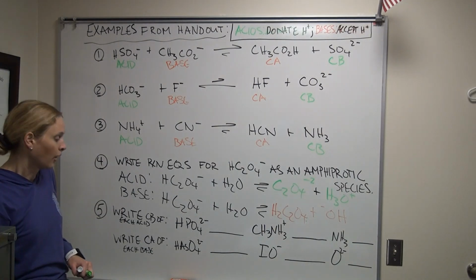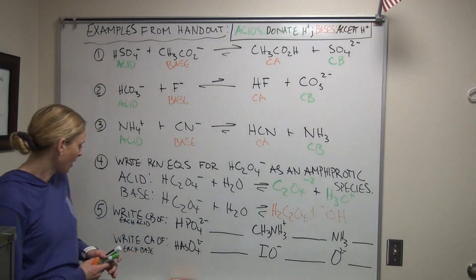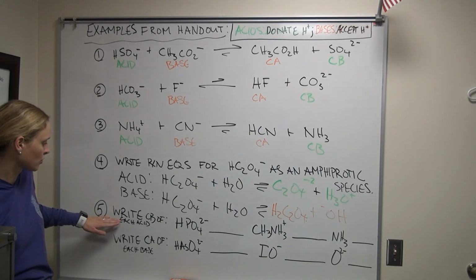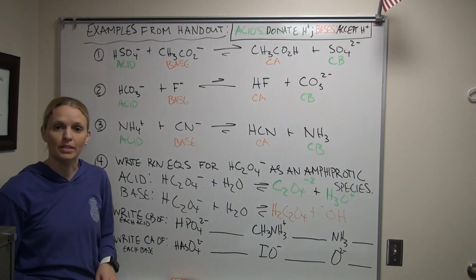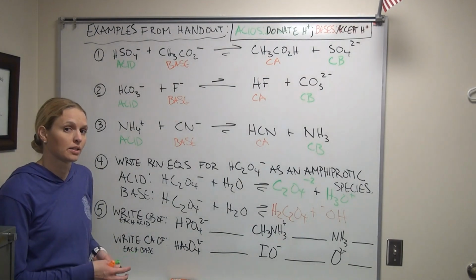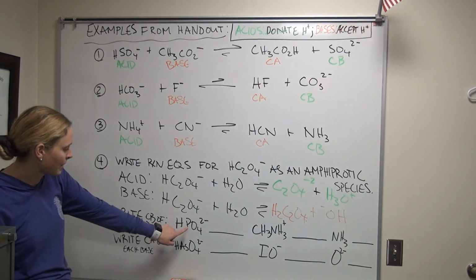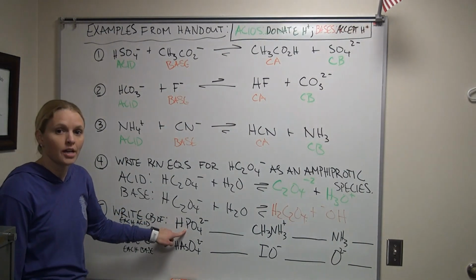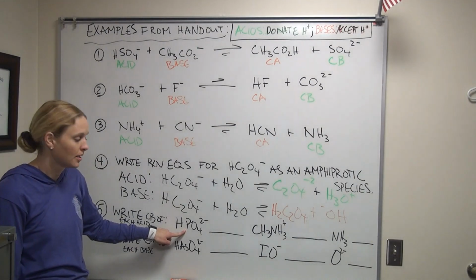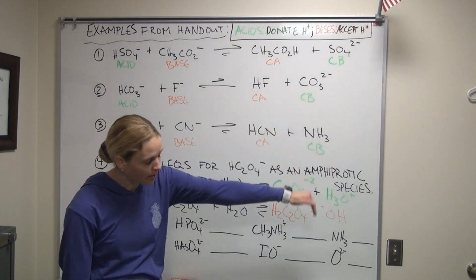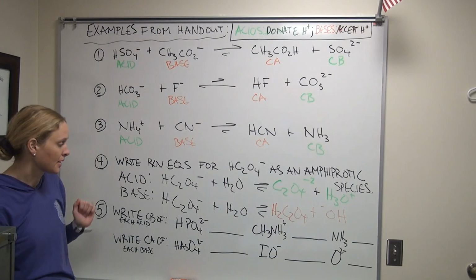Okay? All right, so the last problem on the handout is we're going to practice writing conjugate acid-base species without particularly writing out the entire reaction equation. So here, we're going to write the conjugate base of this acid. So if this is a reactant, then I want to write the product conjugate base of it.